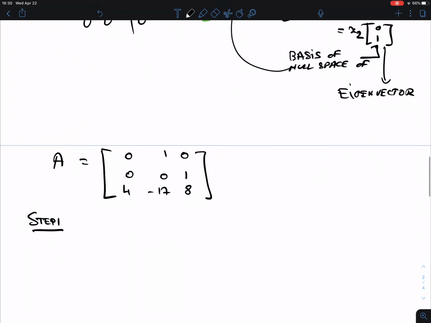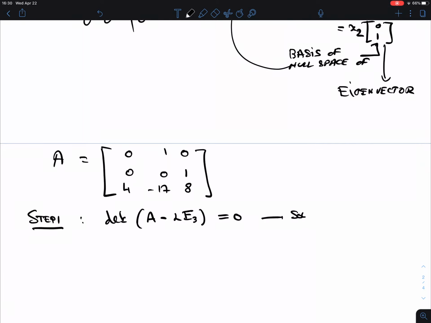So step one is this equation that we had written down, A minus lambda I3, of course, equals 0. The solutions to this equation are the eigenvalues. These will be the possible values for which this can happen.